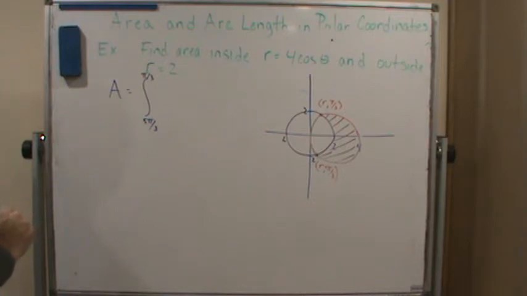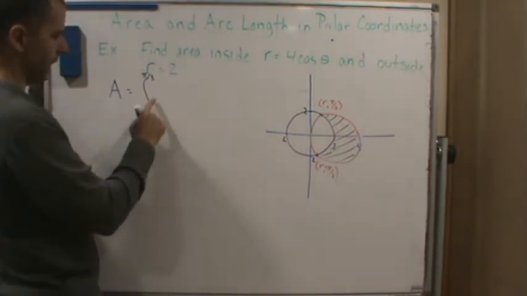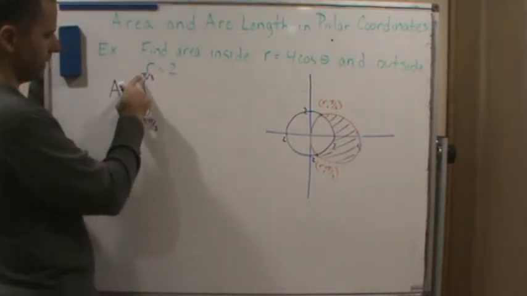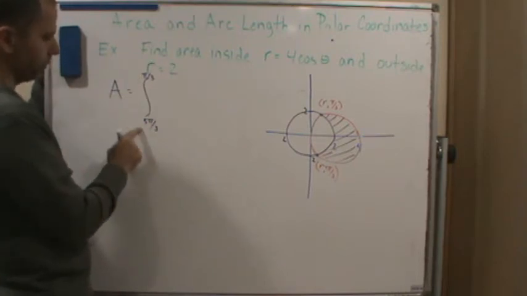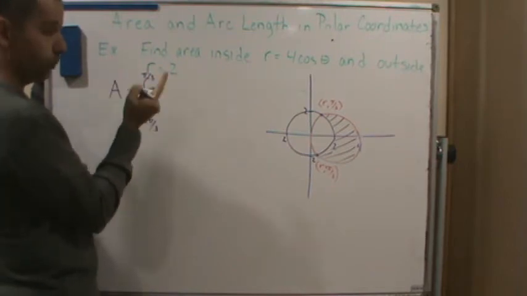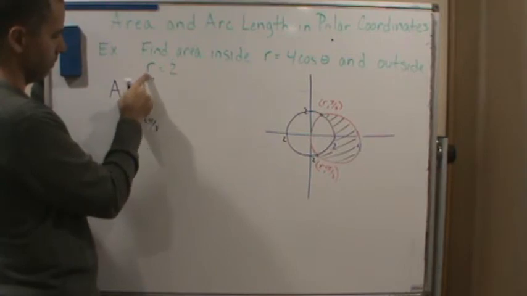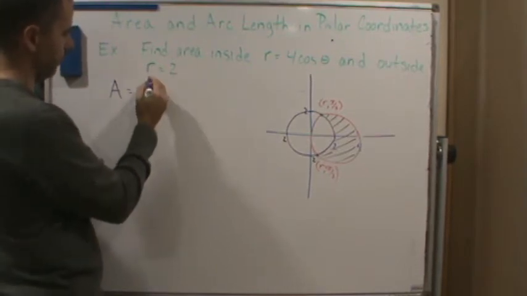Now the thing is, this will go to 2 pi, so it seems like it's going down. So you can split this up into two pieces.